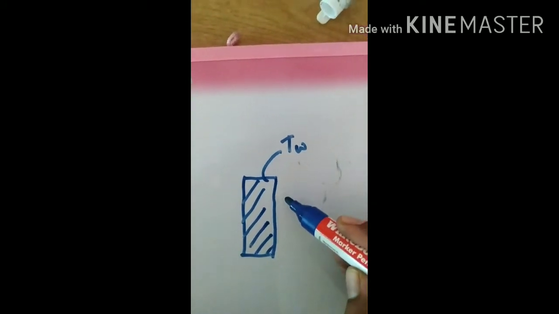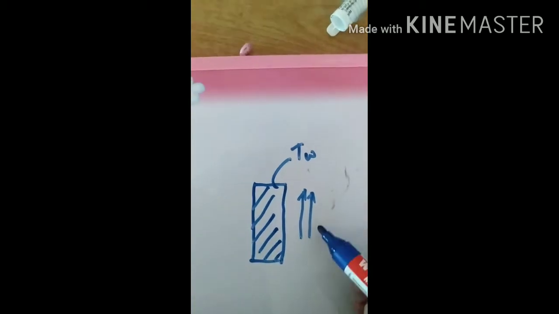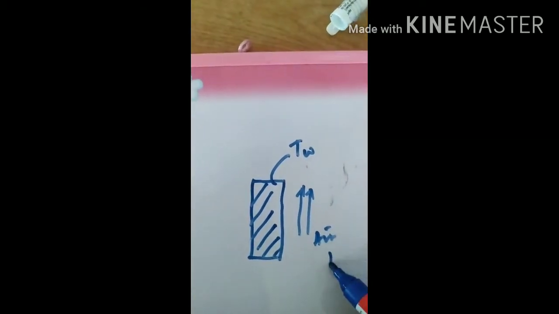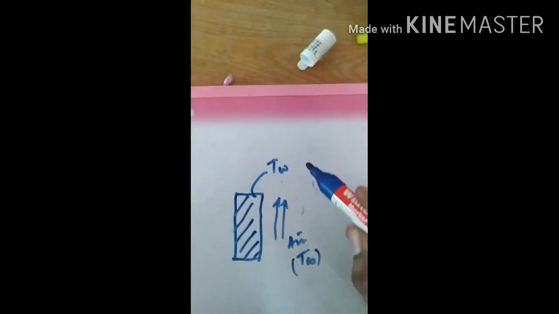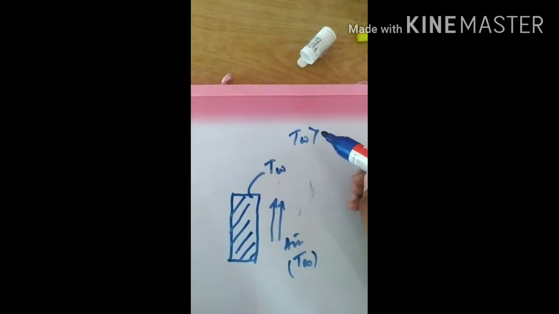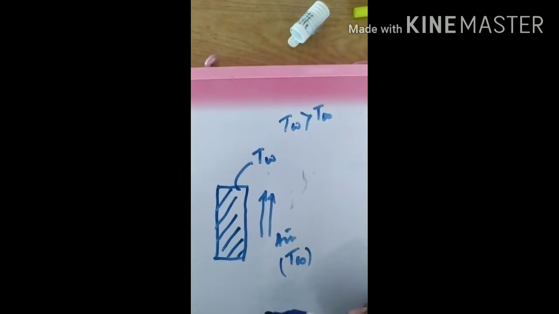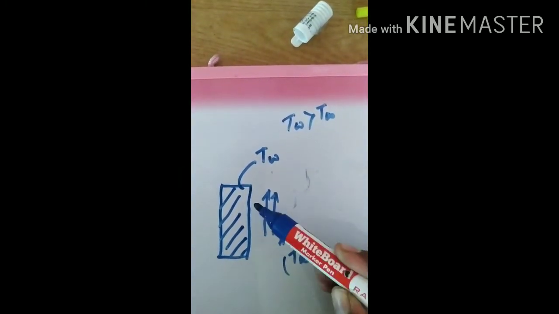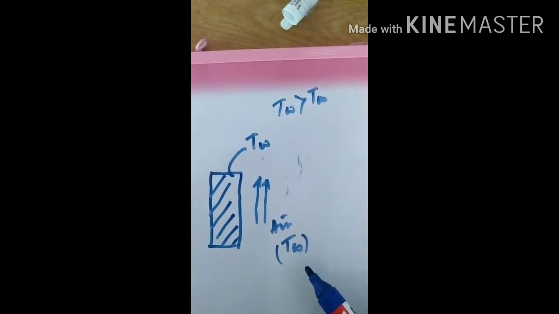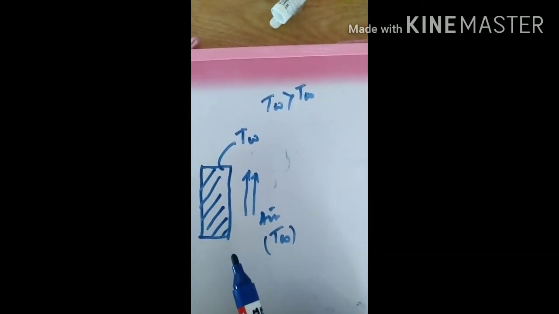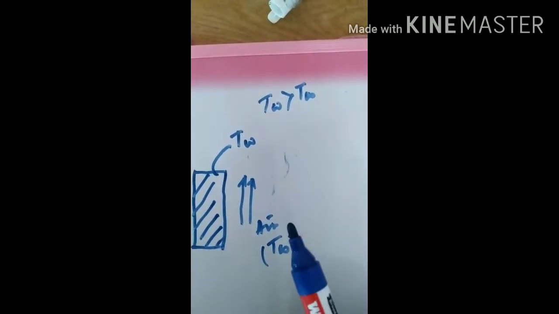Then let us say onto this face of the surface there is a flow of air like this, whose temperature is T infinity. Knowing that Tw is greater than T infinity, as the air starts flowing over this face of the surface, convection heat transfer occurs, depending on whether the air is forcibly made to flow over it or naturally.